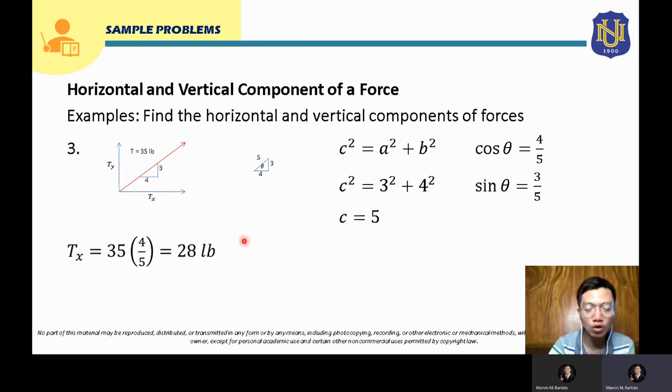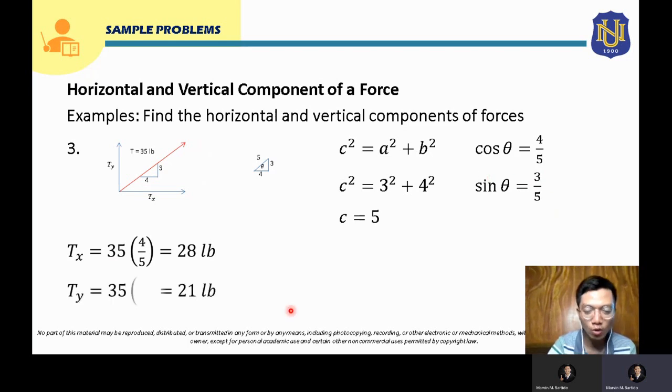Now for your Ty, or vertical component, what we need here is sine theta. So from the slope triangle, we can solve for sine theta. Sine theta is opposite over hypotenuse. The opposite side here is 3 and the hypotenuse is 5, so that will be 3 over 5.